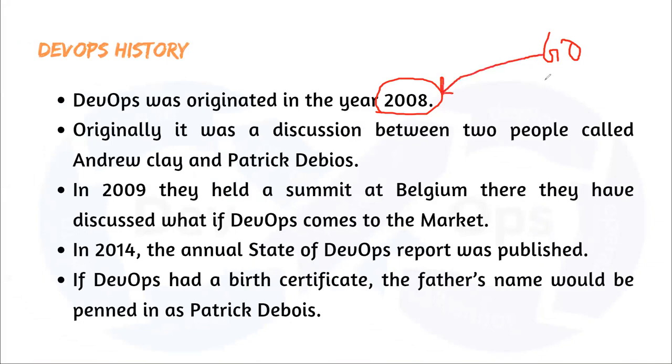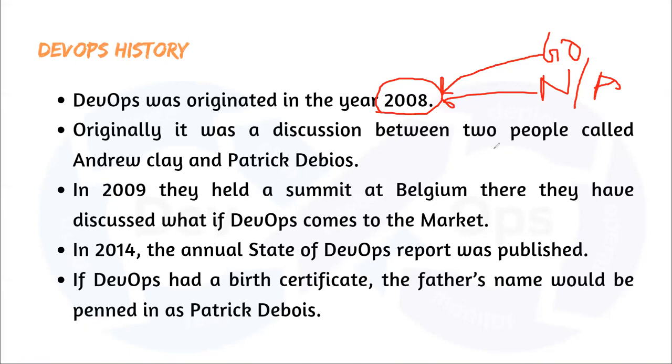And after that, Netflix collaborated with AWS for the very first time. This also happened in 2008. In this year, cloud got very popular. Actually, cloud has existed for many years, but AWS came into the market in 2006. When did AWS get popular? In 2008 only. So DevOps originated in the year 2008.